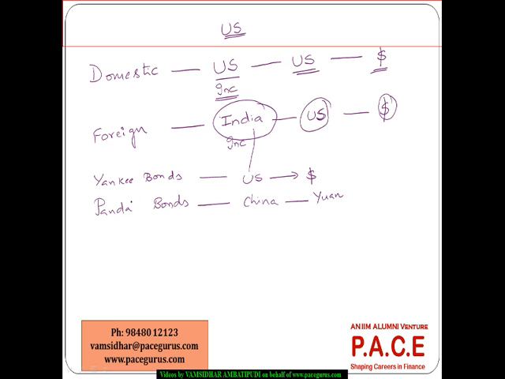So like this, we have different fancy names that are associated with foreign bonds. Those bonds that are issued by a company which is incorporated outside a particular country, but the bonds are issued within the country and in the currency of that particular country, we are calling them foreign bonds.